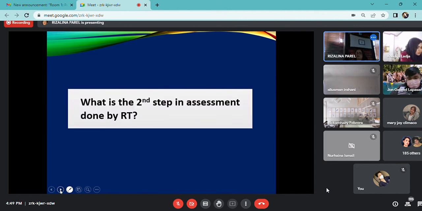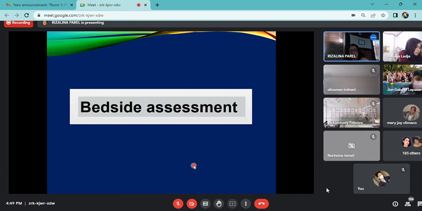What is the second step in assessment na ginagawa ng RT? So kasama dito sa second step assessment is yung bedside assessment. So under bedside assessment, closer to your patient, you are doing the interview.